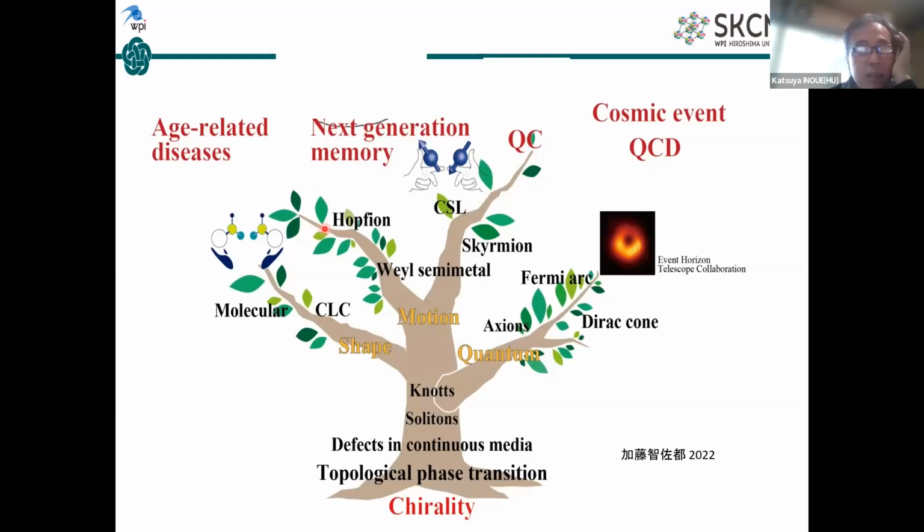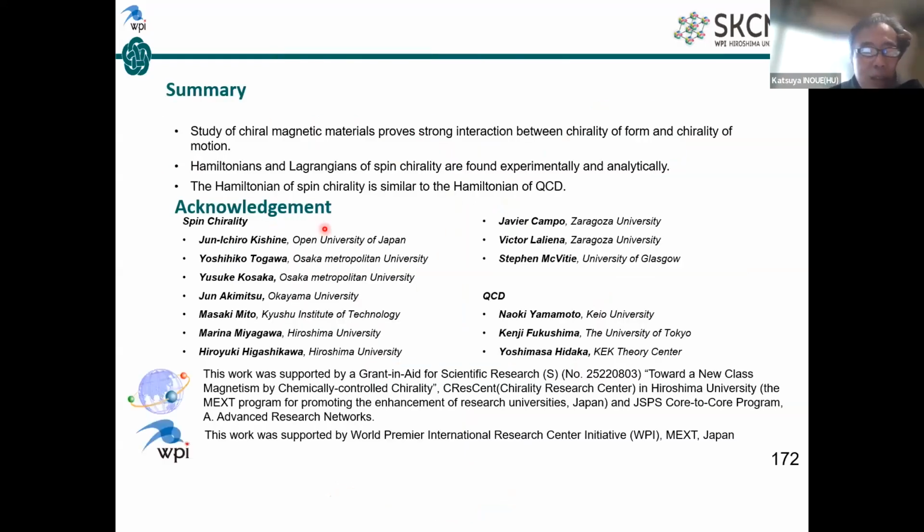Then this is the summary, and I have to acknowledge many people: the theoretical people, the spin chirality system measurement people, the synthesis people, the nonlinear susceptibility people, the high field and low temperature measurement system, the neutron diffraction members, the Lorentz STEM people, and the QCD measurement persons.